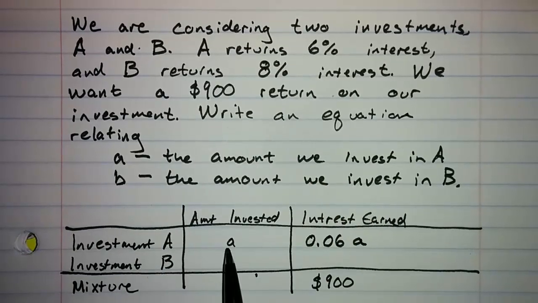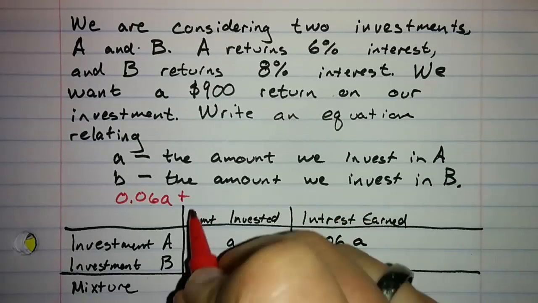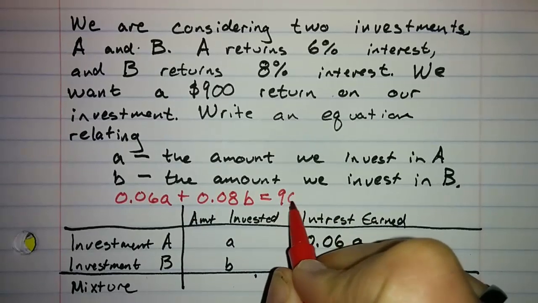How much interest do we get on B? Just the same, 0.08 B. So what will our equation be? The interest from the first thing plus the interest from the second thing equals the total interest.